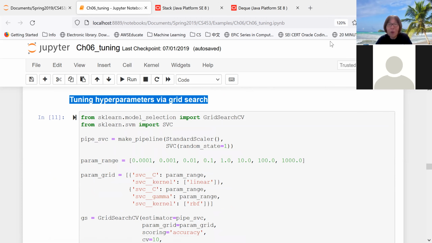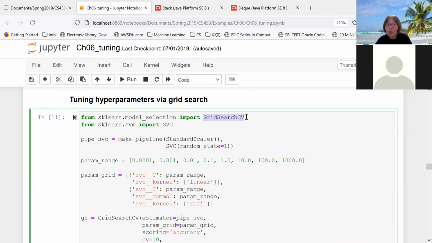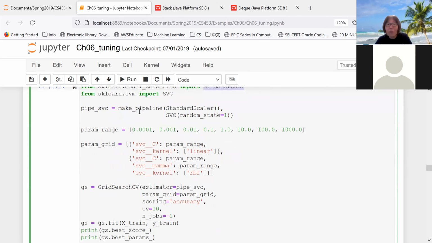For grid search, you need to import GridSearchCV. In our last class we also learned the pipeline, so that we don't need to do it step by step. In this case the pipeline does feature scaling and then model training.